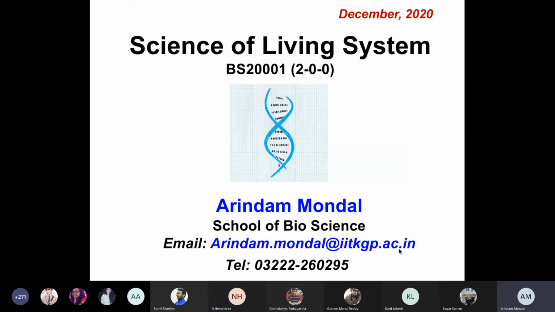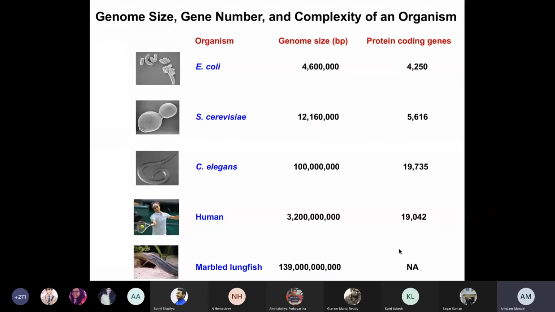So see, think about the size of our genome. In case of the bacteria, the smallest possible size, so I have a slide here. In case of the bacteria, the genome size or the size of the chromosome is 4.6 million bases.